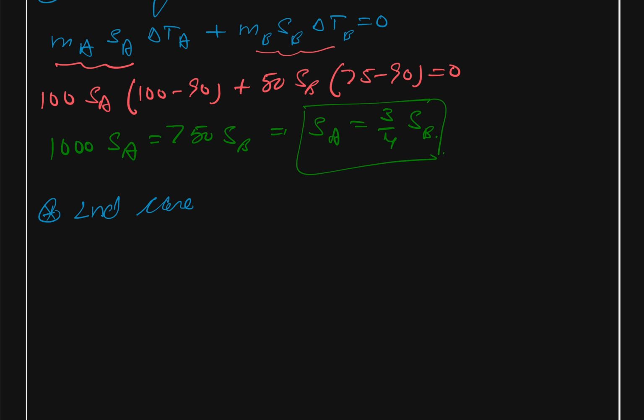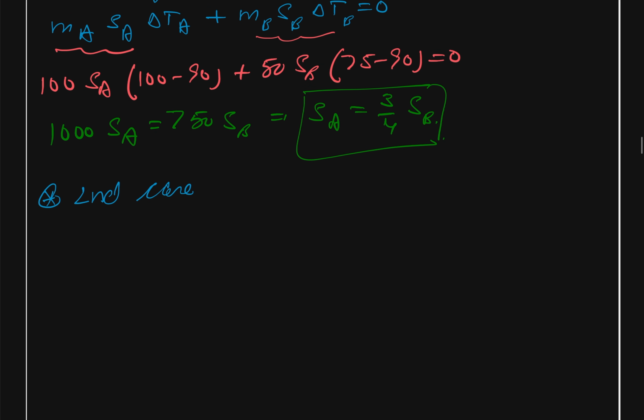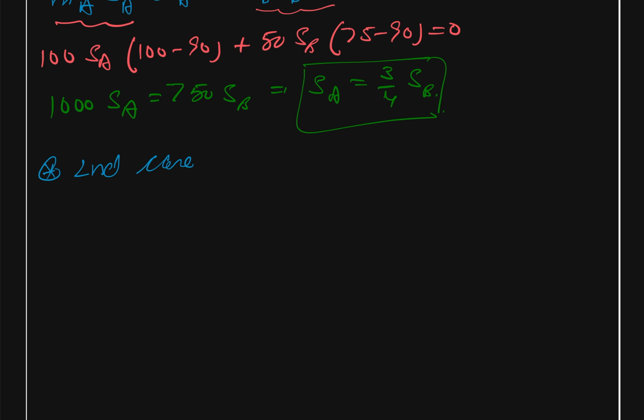In the second case, we have to find out the temperature, same formula. So we can say that mass of A, specific heat of A, into 100 minus T, plus mass of B, specific heat of B, into 50 minus T is equal to 0.